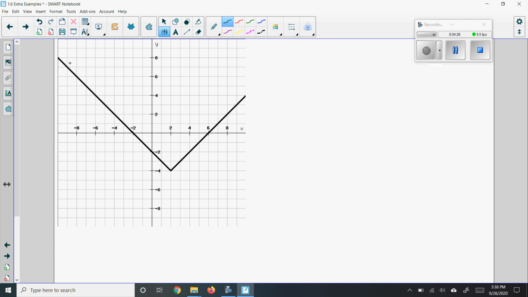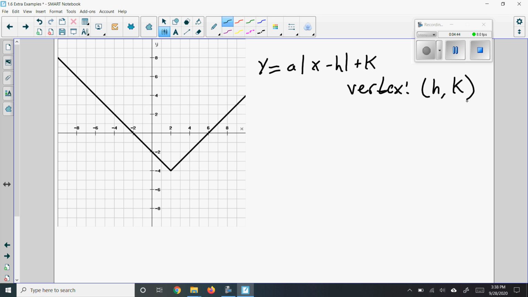Okay, now we have a V. That means this is absolute value. Absolute value is a times the absolute value of x minus h plus k, where the vertex is the point h, k. So here's our vertex. Normally this is a vertex at 0, 0. So let's pay attention to the tick marks. This is 1, 2, 3, 4, so each tick mark is 1.